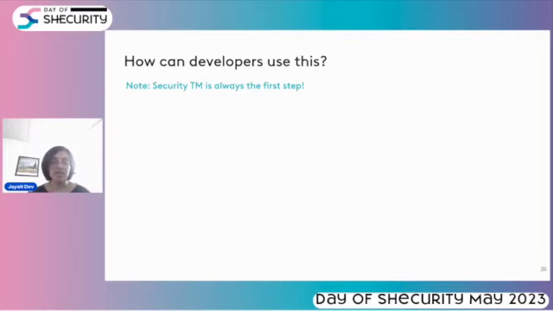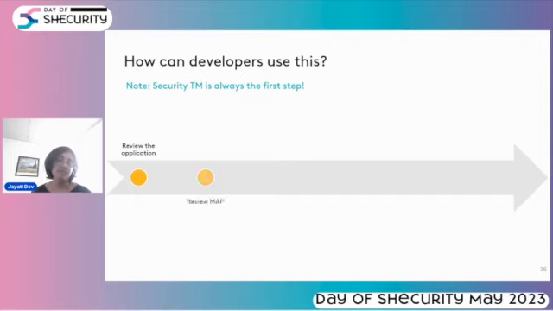Note that a security threat model is always the first step before you would go into a privacy threat model, because it often helps get a good sense of what the architecture diagram is. So the first step would be developers would review the application. They would get a little bit more familiar with MAP and the different threat actors and threat categories, and then select some of the subcategories that they think are relevant.